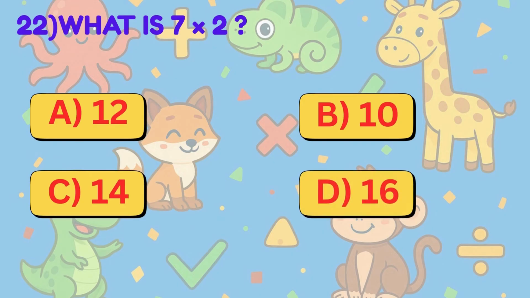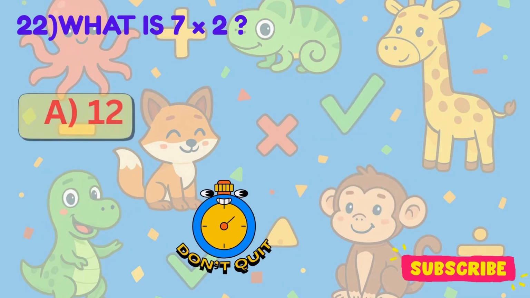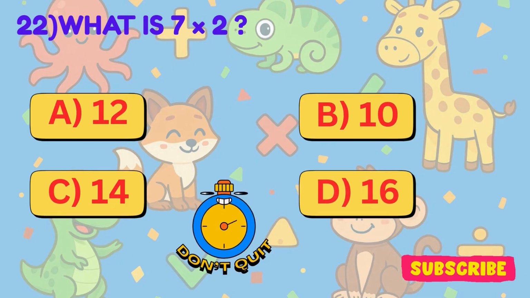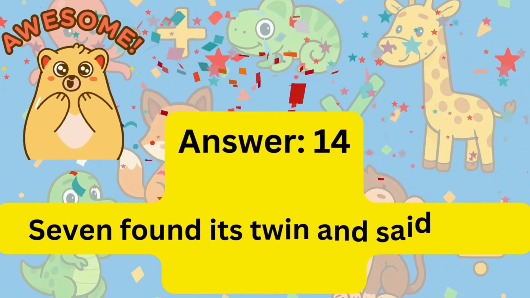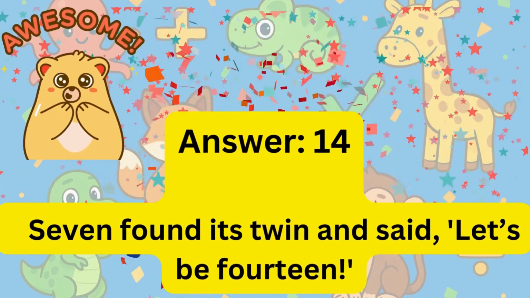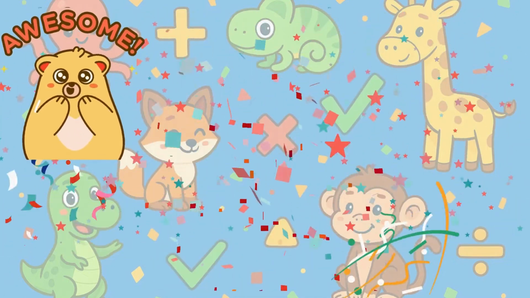What is 7 times 2? Is it A, 12, B, 10, C, 14, or D, 16? Correct answer is 14. 7 found its twin and said, let's be 14.